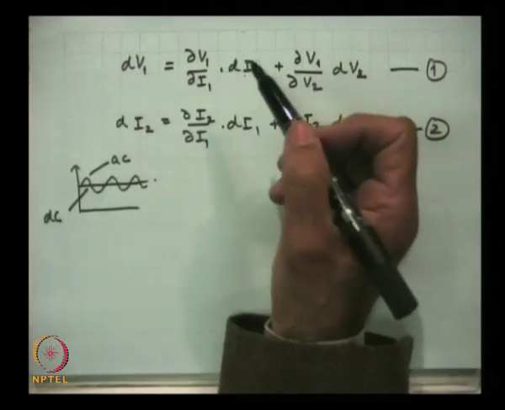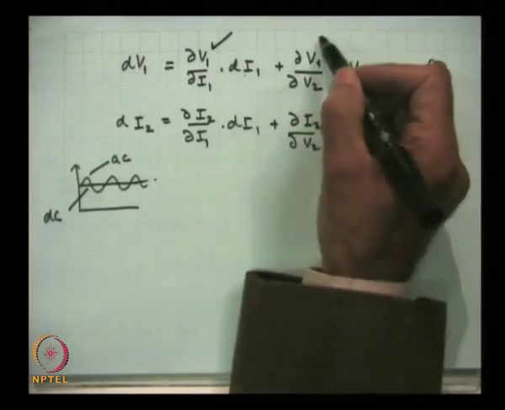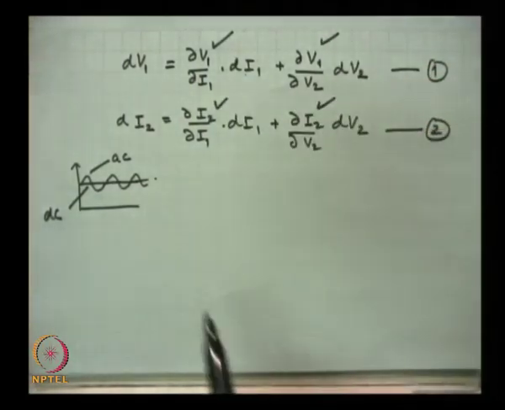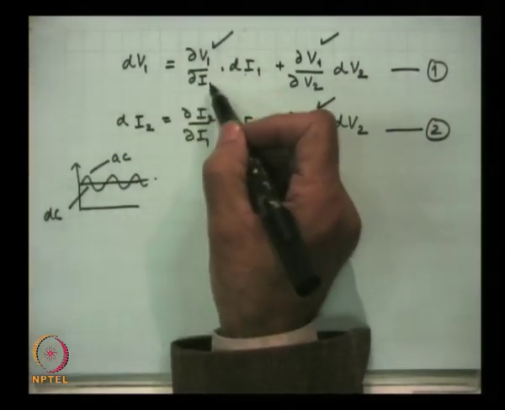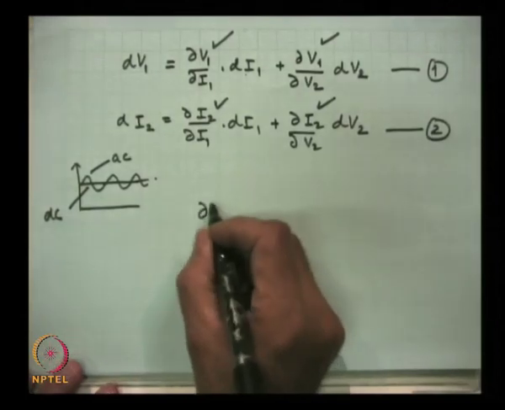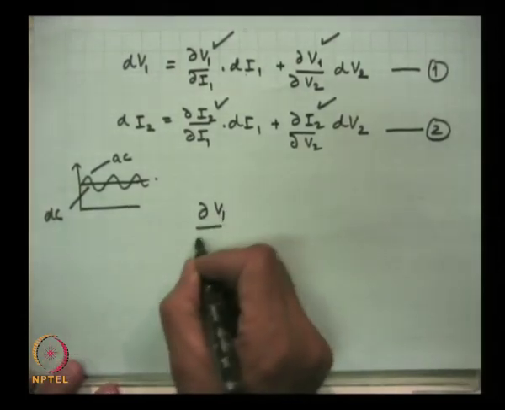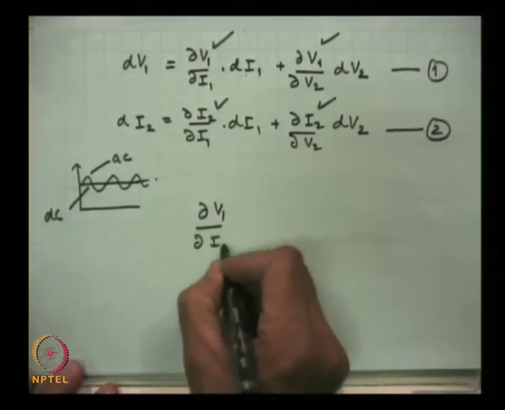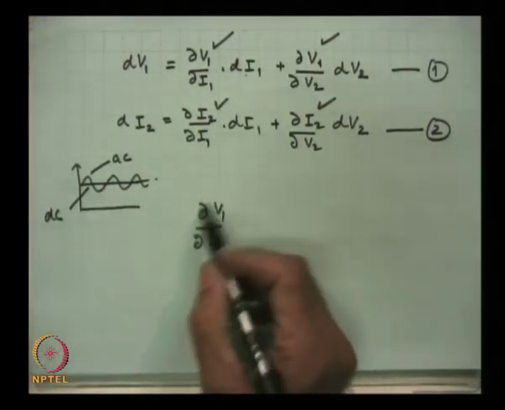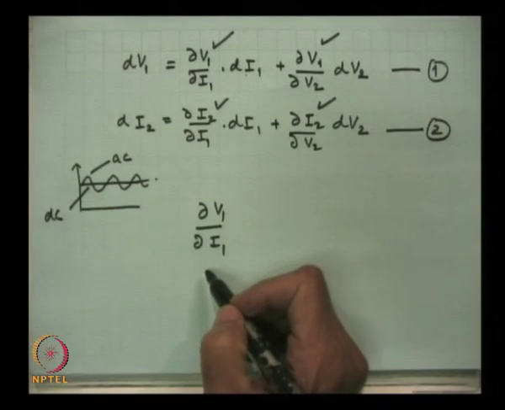Now, let us look at these derivatives. What do they represent? This delta V 1 by delta I 1, you will recall, has the dimensions of impedance.